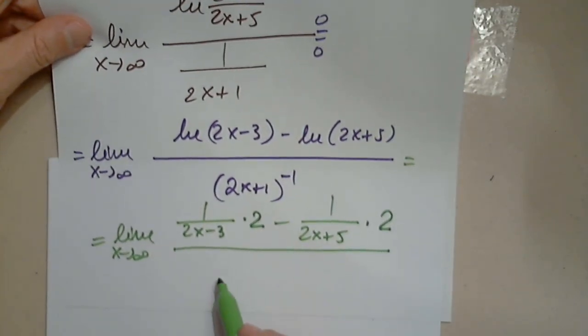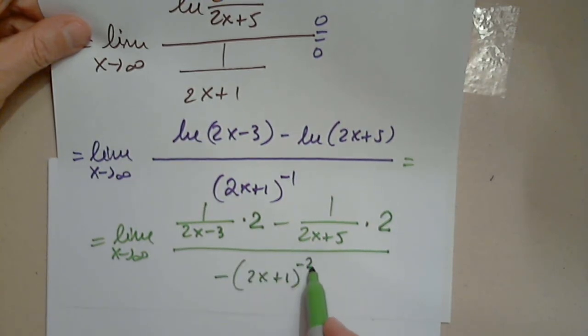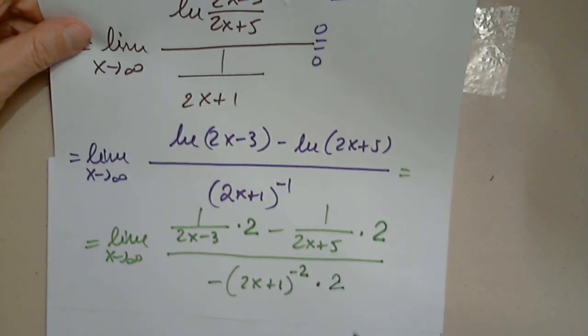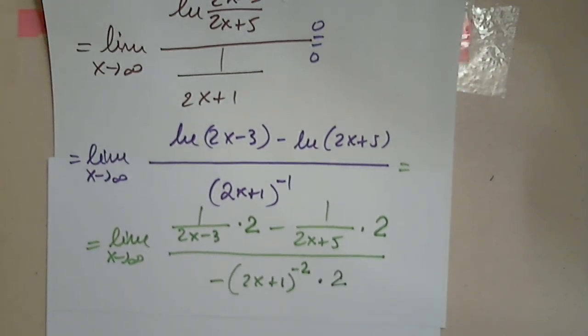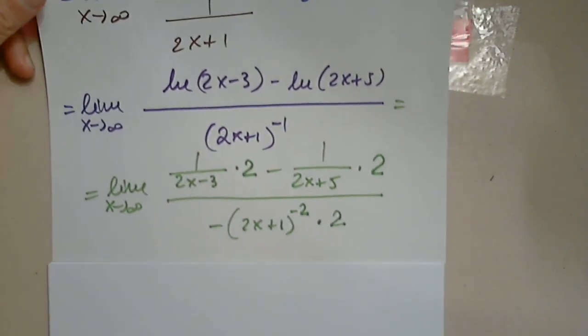I bring down negative 1. I subtract 1 from the power, and I multiply by the inner function prime. Nice, all these 2's will go away because I factor 2 from the top and I simplify, but I'm going to write it for everyone to see.